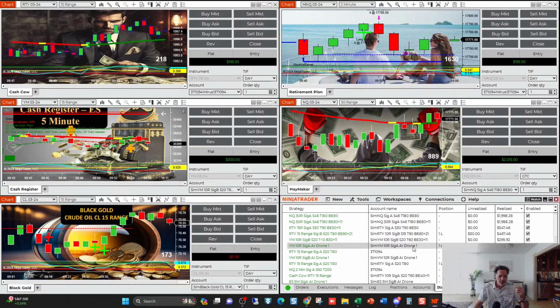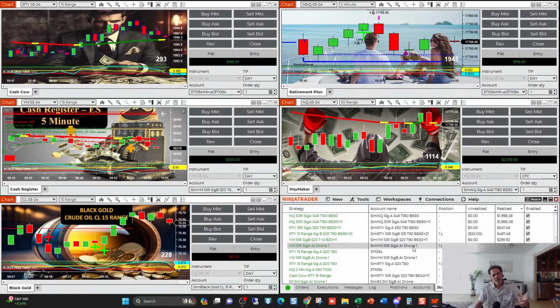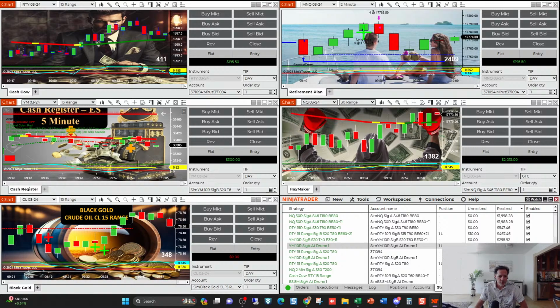The AI lab has helped us develop a mathematical model that will deliver back the new predicted stops and targets for what we call the AI bot that's working off the drone. That's the new software that you'll hopefully be getting this weekend.